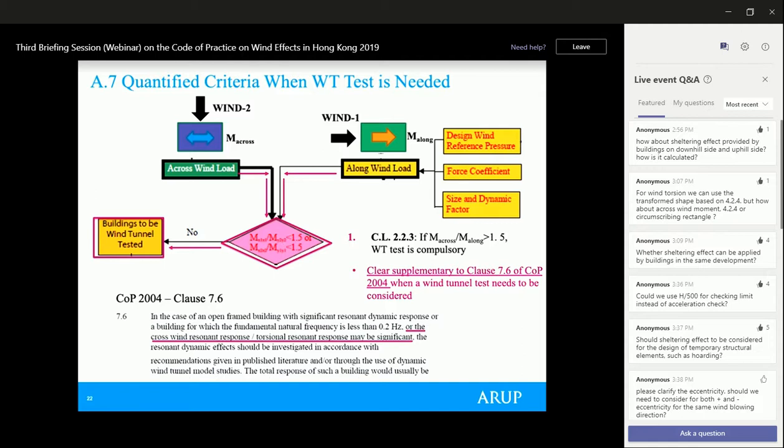If the torsional component is so significant, then you will need a wind tunnel test assessment. So in this case, if you find that your design building may be torsionally significant, maybe you need to consider doing the wind tunnel test to reflect the actual situation.